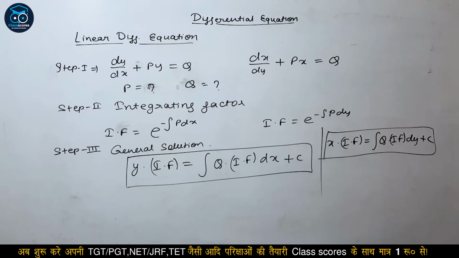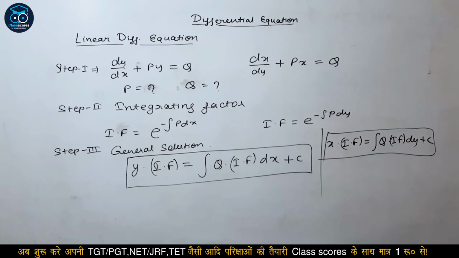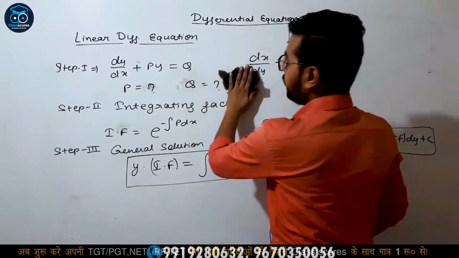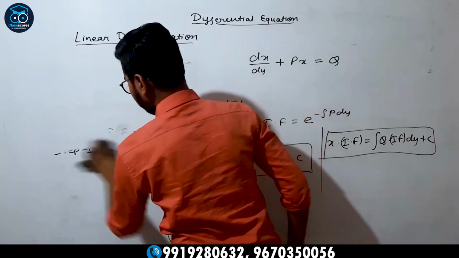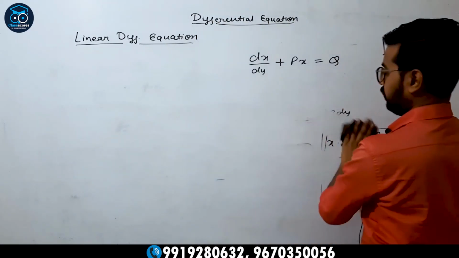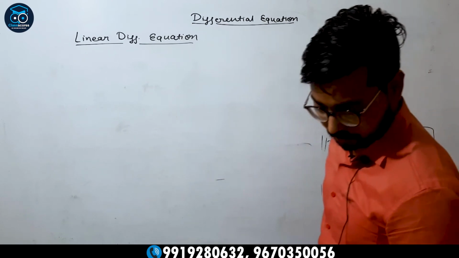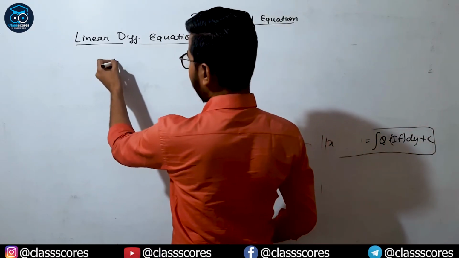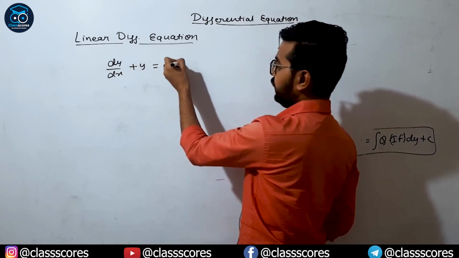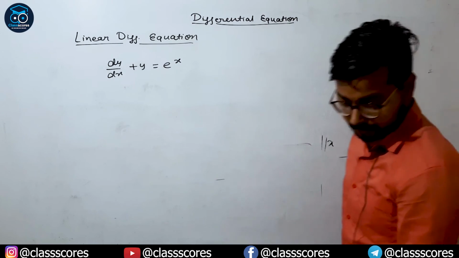Clear? Okay, let's take an example on the basis of this method. Put it down first. Suppose an equation is given, that is dy upon dx plus y equals e to the power x.